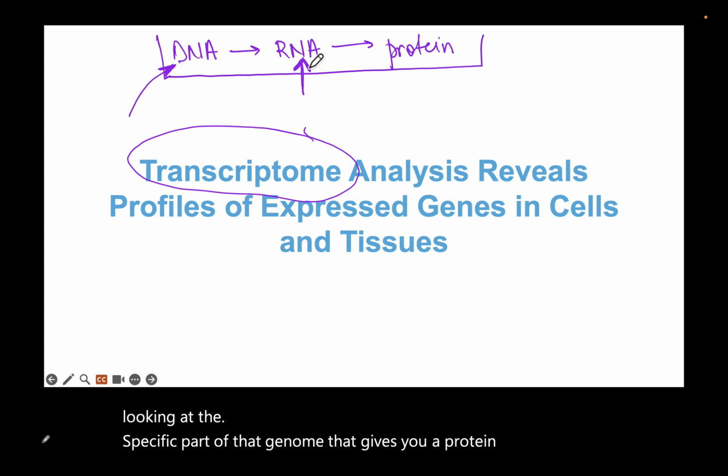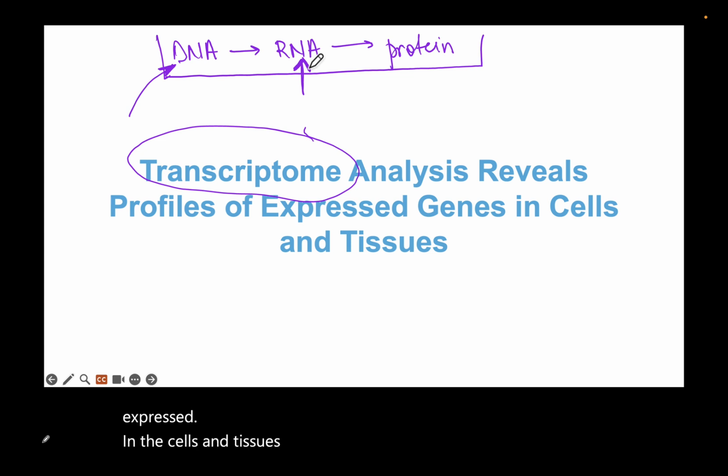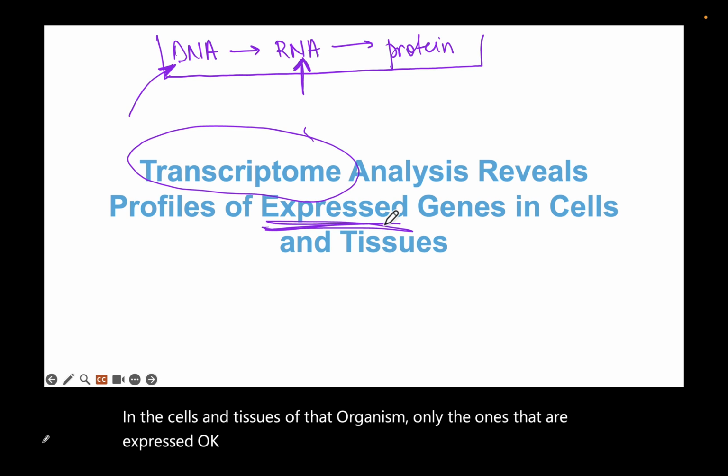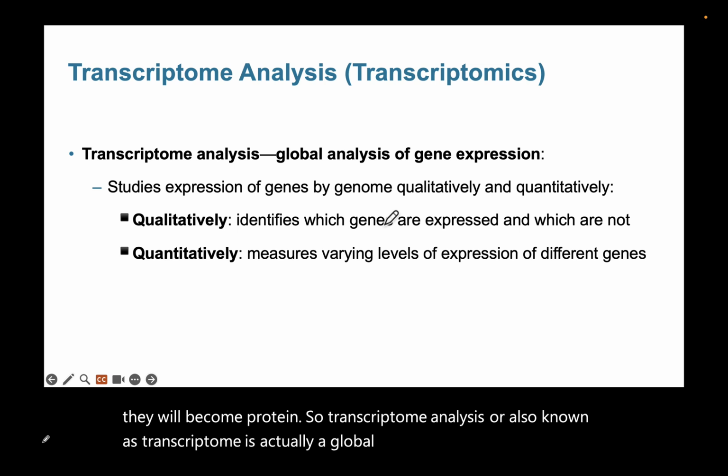Here the transcriptome analysis will reveal a profile of the genes that are expressed in the cells and tissues of that organism. Only the ones that are expressed, because they will become RNA, and then from RNA they will become protein. So transcriptome analysis, or the transcriptome, is a global analysis of gene expression.